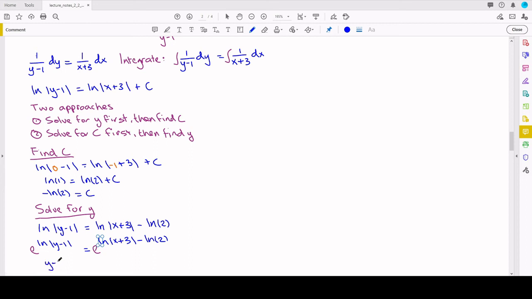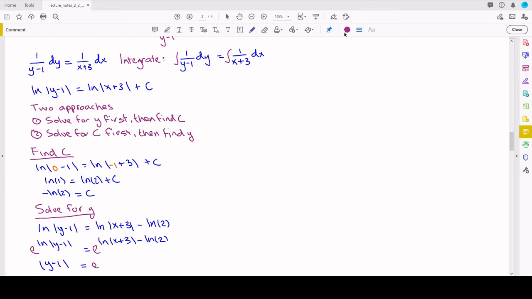So on the left-hand side, I have the absolute value of y minus 1 equals. And on the right-hand side, I'm going to combine these two natural logs into a single logarithm. And when you subtract two logarithms, you can divide their arguments.